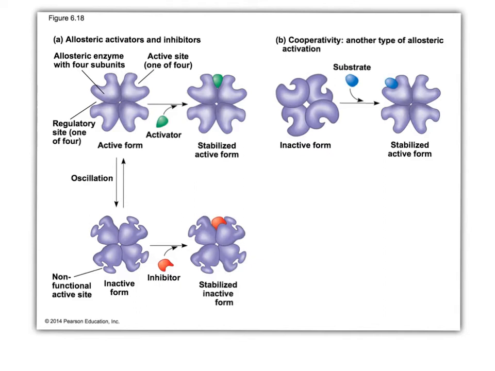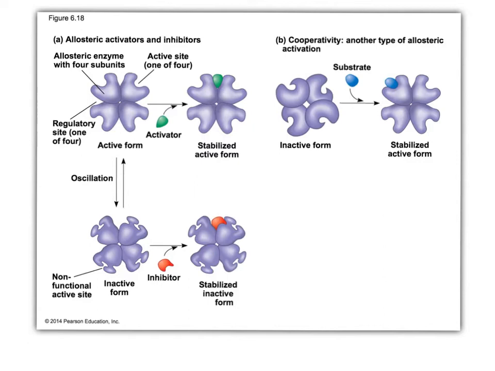Why is this allosteric regulation? If the substrate is binding an active site, why is this considered allosteric regulation? Because we just said allosteric regulation requires binding of a substance that's not the active site.